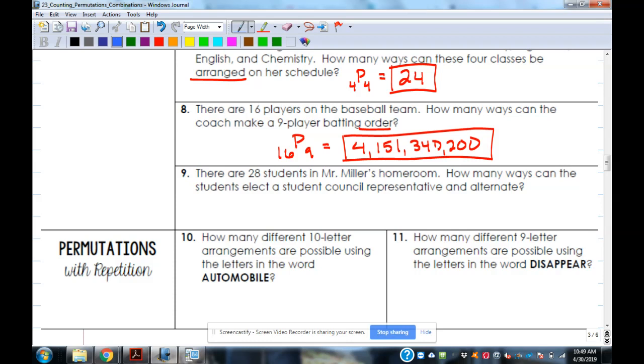It's hard to see that there's a ranking there because it doesn't say the word arranged or ordered, but it says you have a representative and an alternate. Which one ranks higher than the other? The representative is on the council. The alternate is not. So there is a ranking that's happening there. That one's really disguised well. So our permutation would be 28, permutation 2.